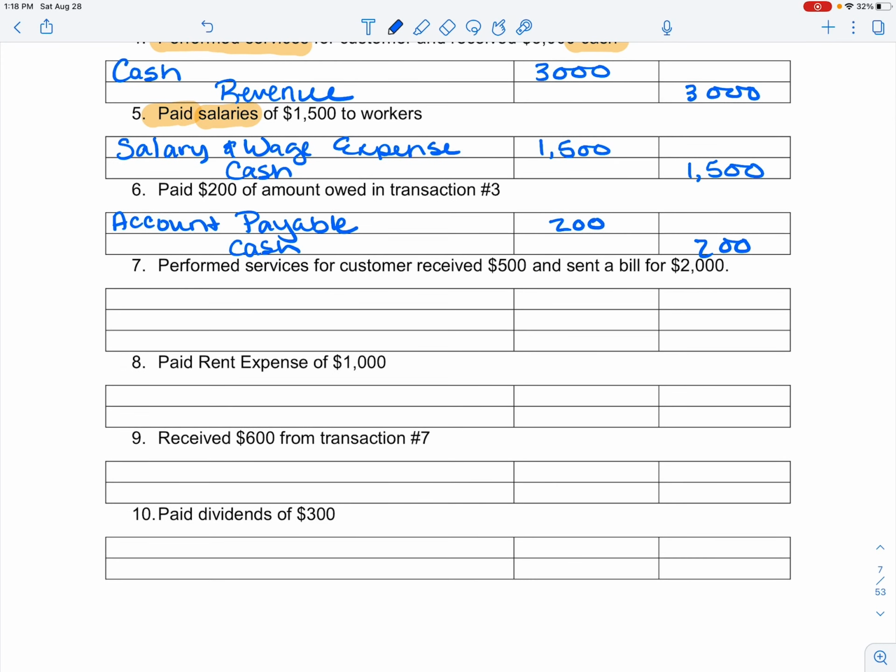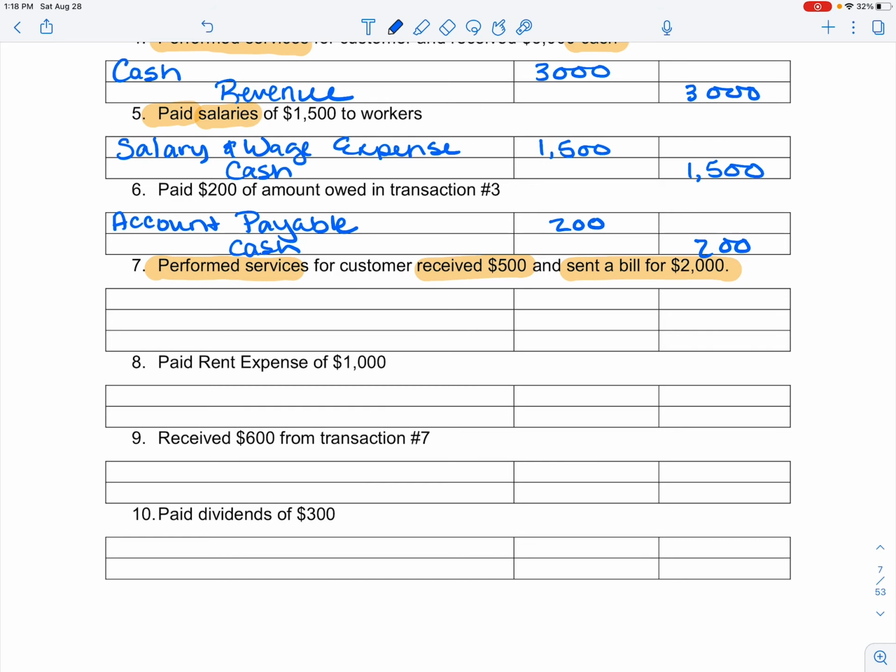Again, we performed some services. Now notice here, we performed services, that's revenue. We received money and sent a bill. This is just an example that you don't always have to have just two things happen. It could be split up into multiple transactions, multiple accounts.